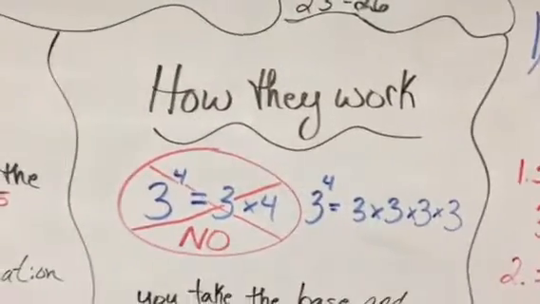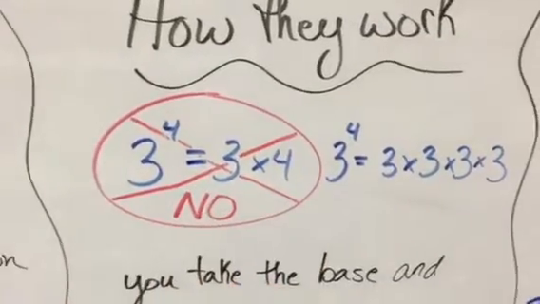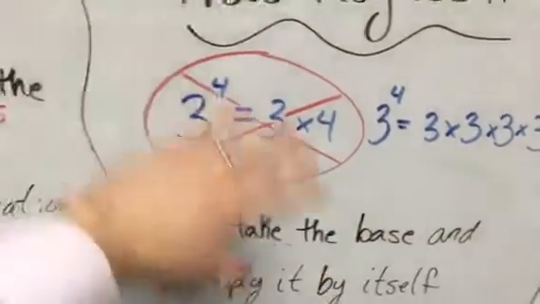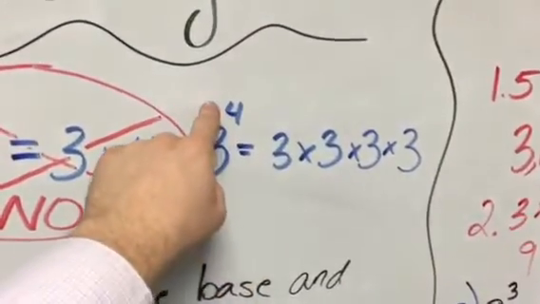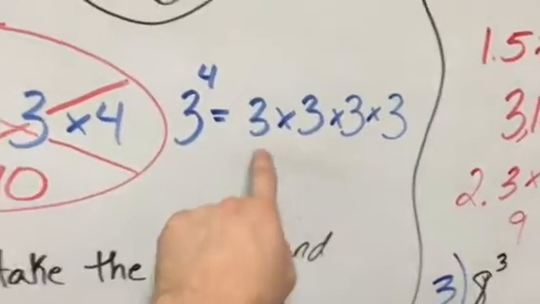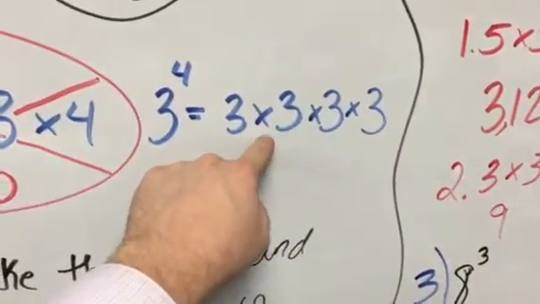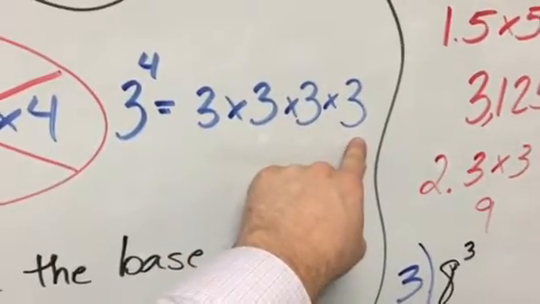All right, let's look how it works. Biggest misconception is right here. 3 to the 4th power equals 3 times 4. No, not this. 3 to the 4th, or 3 to the 4th power, is 3 times 3 times 3 times 3. So 3 times 3 is 9, 9 times 3 is 27, 27 times 3 is 81.